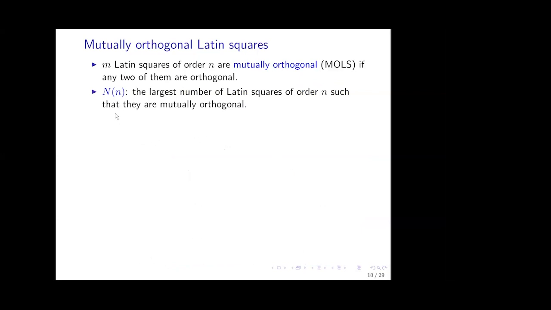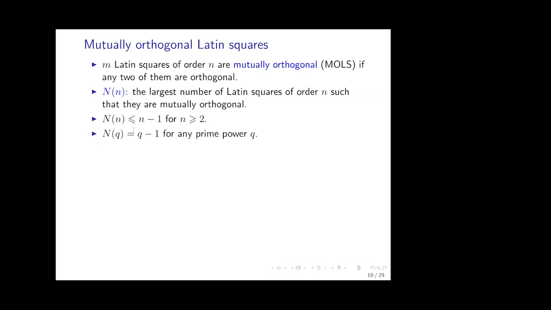Let N(n) be the largest number of Latin squares of order n such that they are mutually orthogonal. It is easy to get an upper bound: N(n) is no more than n minus 1.